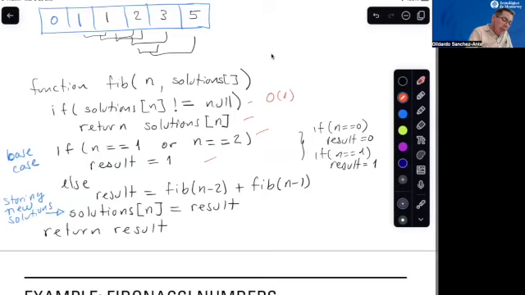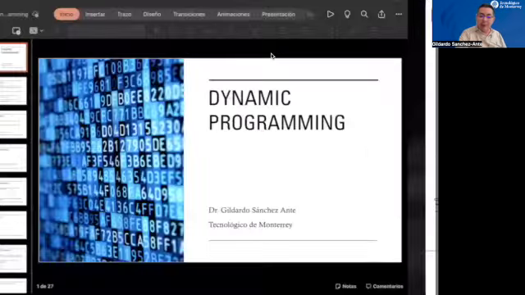Here I will have to repeat this process n times. N times. So my algorithm is going to be O of n.